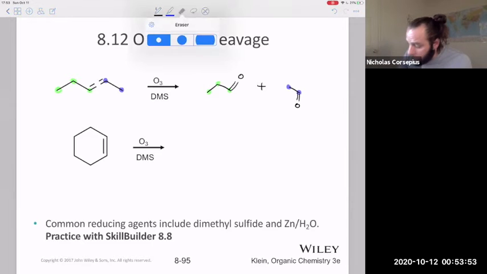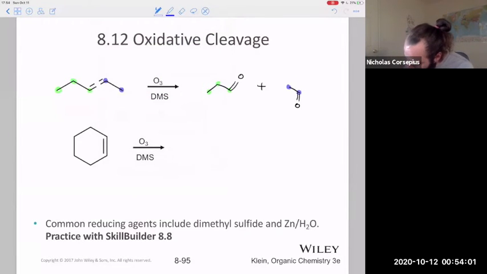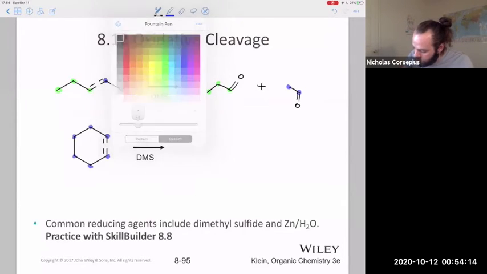One interesting thing that occurs is when you're talking about cyclic alkenes. Notice that when we chop this double bond, the remaining carbon chain is still connected. So 1, 2, 3, 4, 5, 6 carbons. I'm going to go ahead and number just so I can keep track.